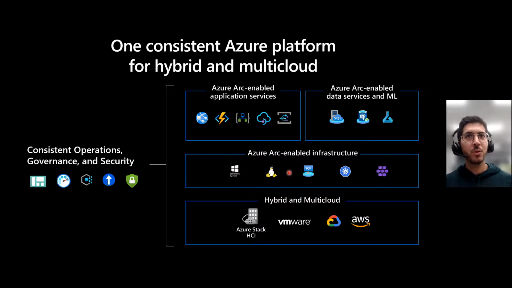So imagine that you have your application team. They're fond of Azure Functions. They like to use it, but for some workloads, those workloads cannot simply be deployed outside your data center or specific cloud provider.